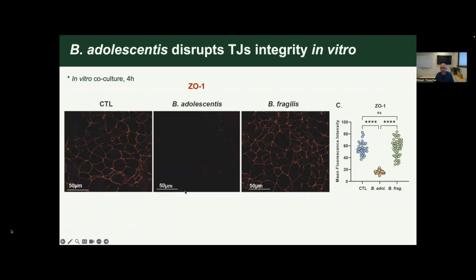When we look at one of the major tight junction proteins, ZO-1, we can see that addition of Bifidobacterium adolescentis diminished the expression of ZO-1 in epithelial cell lines, but not the addition of B. fragilis or the control cells.